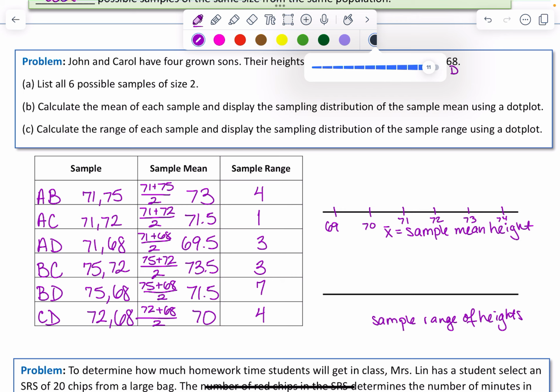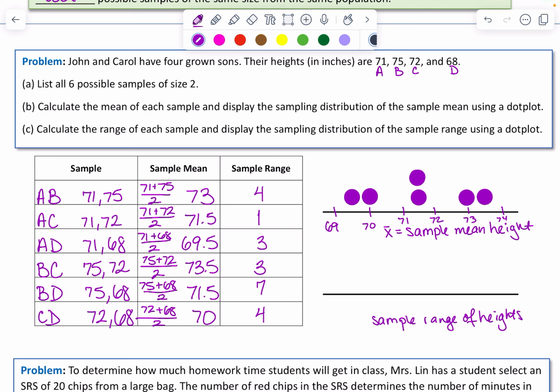All right, so we have 69 and a half. Well, let's go in order. We have 73, 71 and a half, 69 and a half, 73 and a half, 71 and a half again, and 70. Okay, now for my ranges.